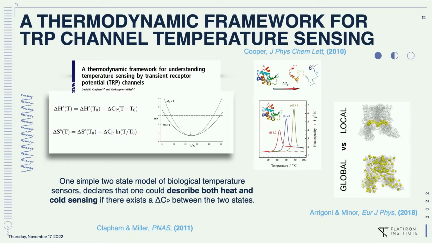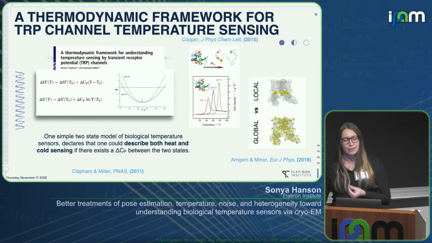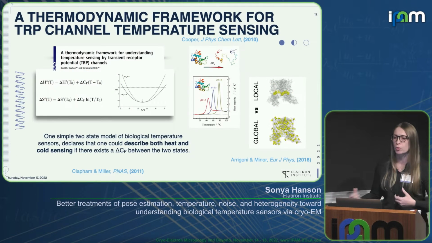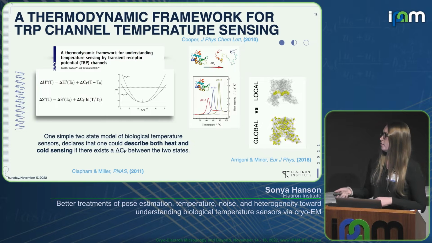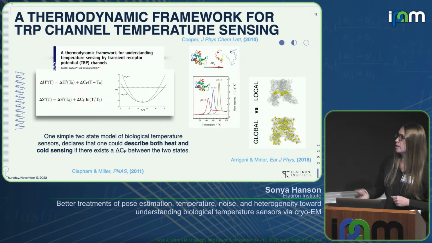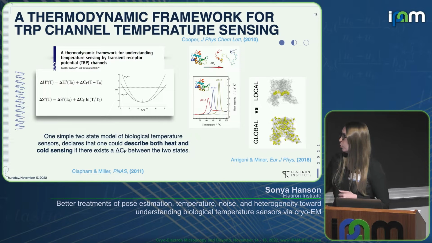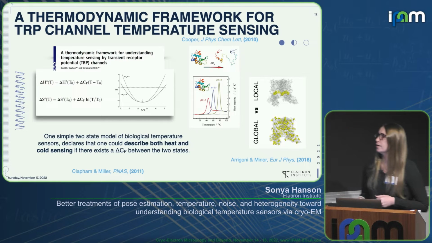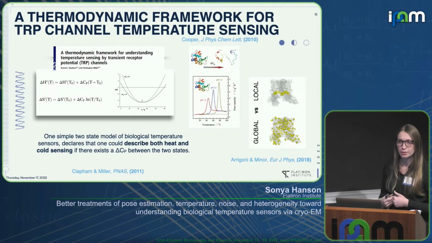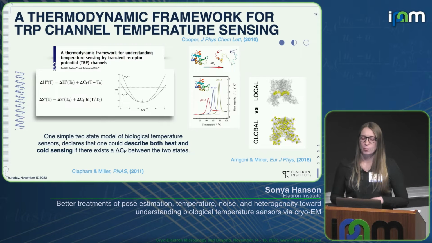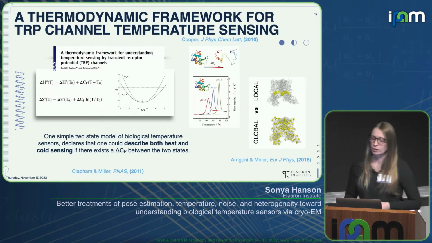The general feeling in the field is that this is more a distributed property of these proteins, and this can fit well into the model of heat capacity, in that we can have about 20 residues exposed to solvent per subunit in the TRP channels, and that would roughly explain this kind of heat capacity difference and potentially explain their temperature dependence, and also a distributed model of temperature sensing.